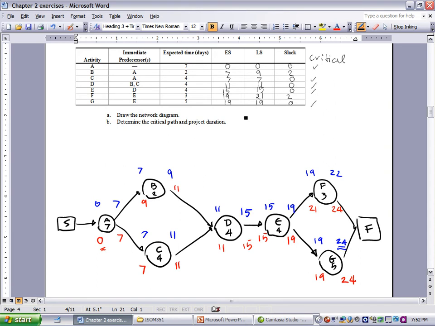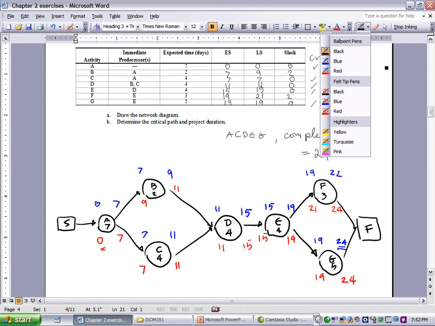Okay, so the critical path will be A, C, D, G. And the completion time is going to be 24.